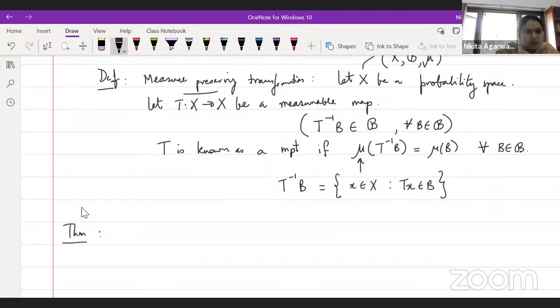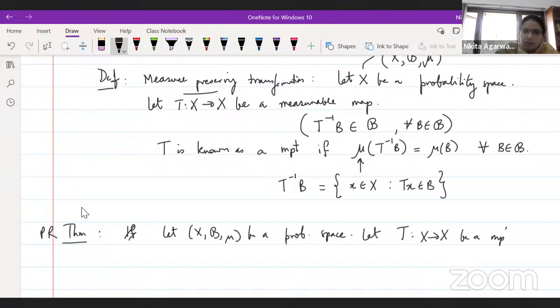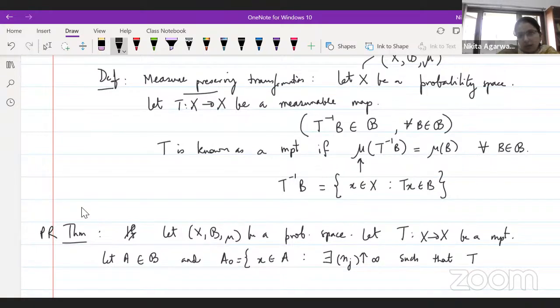The theorem states that let (X, mu) be a probability space and let T going from X to X be a measure preserving transformation, and let A belong to B and A naught be all those points x in A such that there exists n_j, an increasing sequence of natural numbers, such that T^{n_j} x converges to a point which belongs to A.